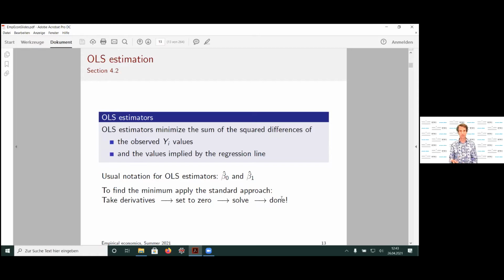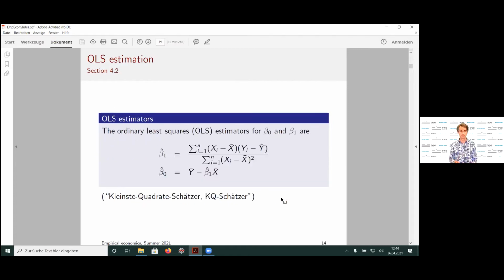So you've seen that before, and you can have a look at the textbook. We don't do that here because it's implemented in R and in any other computer package, and it's very easily done using a computer.